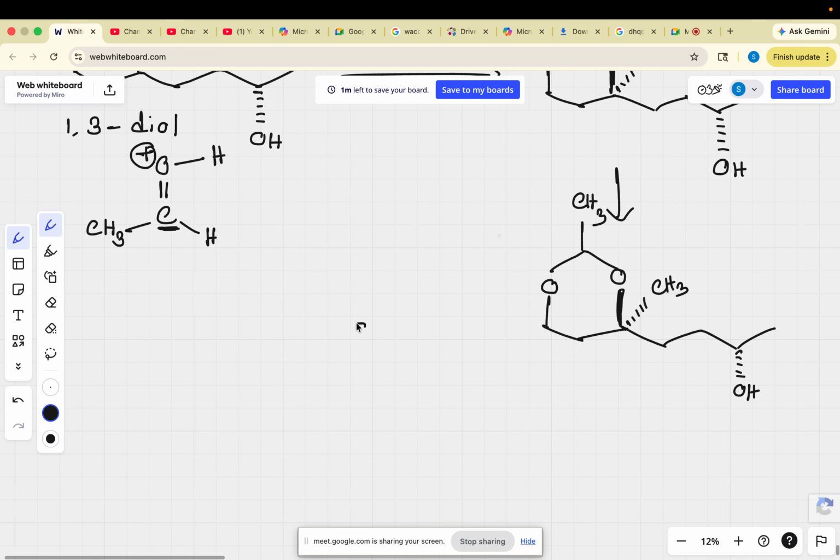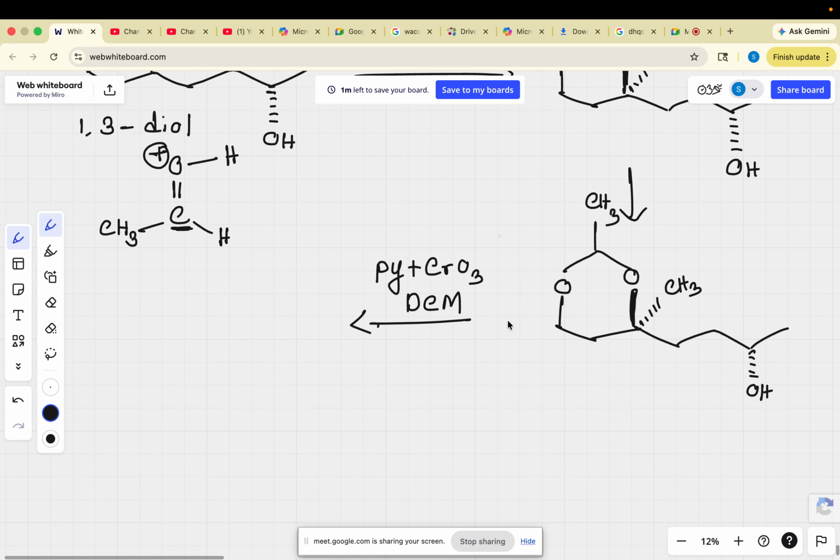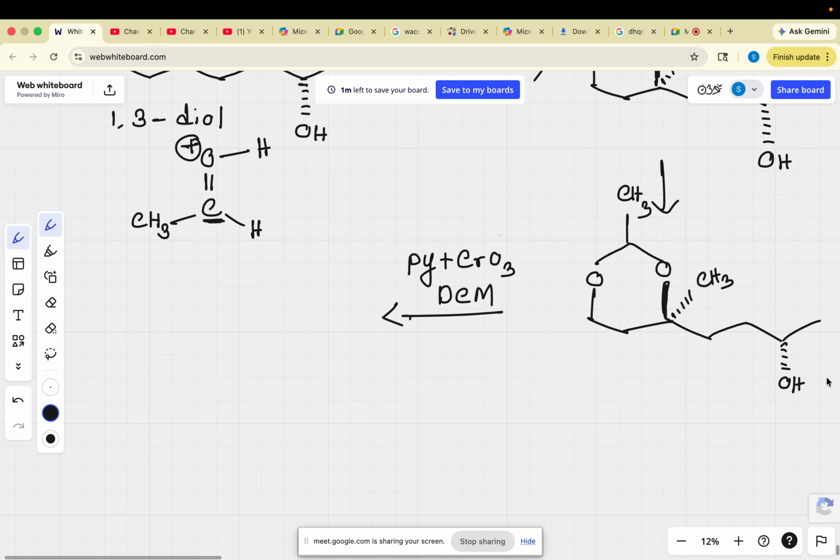Fine. Now can you tell me, if I use here this reagent, pyridine plus chromium trioxide in presence of DCM, what will happen? This is your secondary alcohol, right?